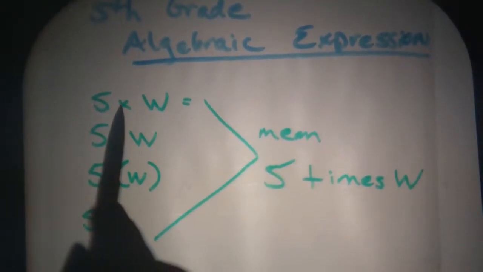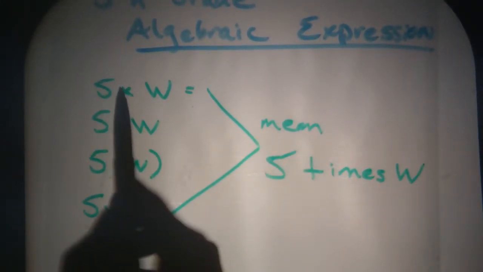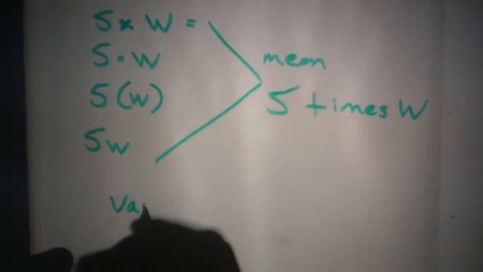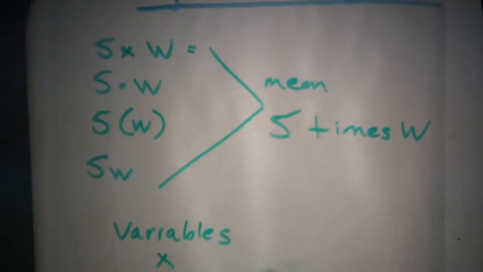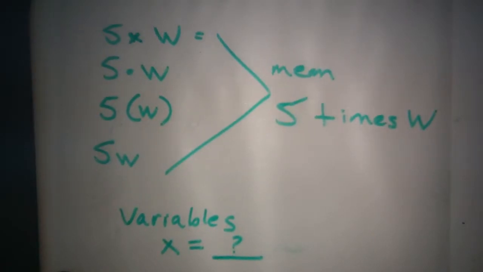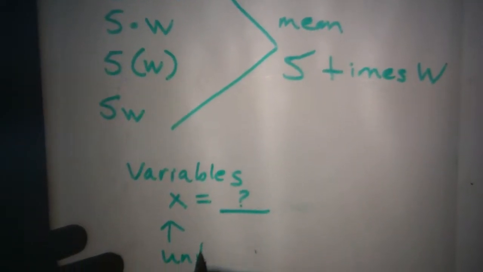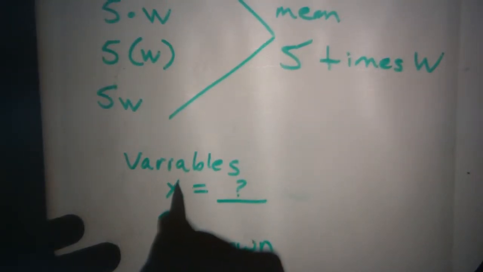This is our standard multiplication symbol, the x. But remember, I told you we really don't want to use this x much because now when we talk about variables, most often we use an x as the variable. X equals something or other. It's the unknown variable. Now again, if you recall, I said a variable can be any letter.